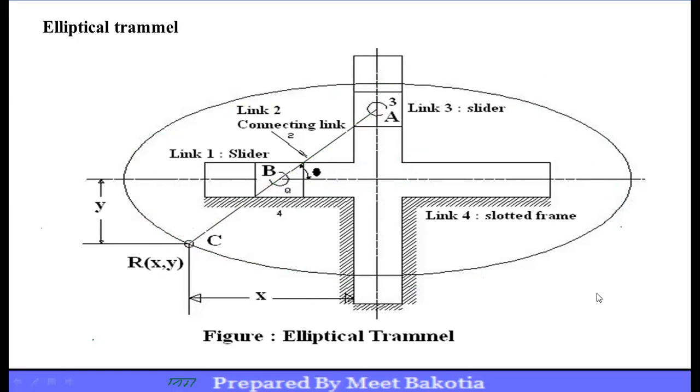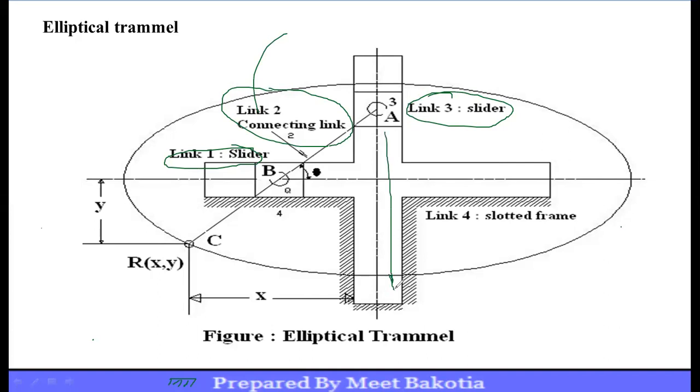Let us see how it functions. Link 1 and link 3 are the sliders. Hence, we call it the double slider mechanism. Link 2 is the connecting link, which is going to rotate. As link 2 rotates, the sliders move from one extreme position to another.